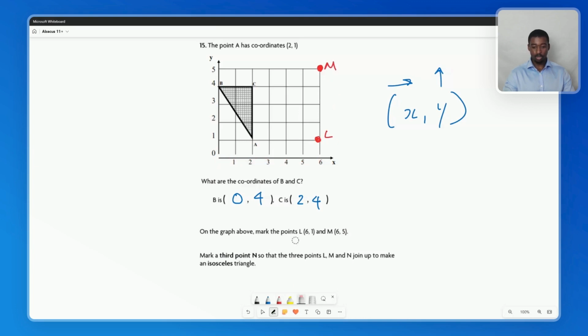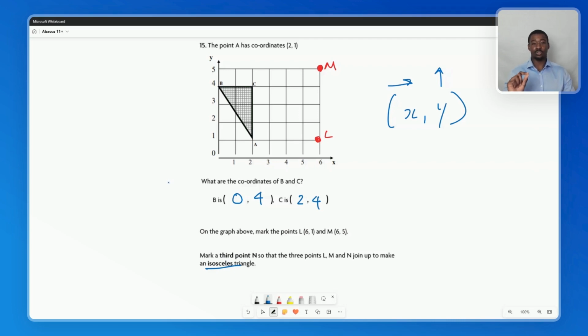Okay. Now mark a third point N so that the 3 points L, M, N join up to make an isosceles triangle. So we need to know what an isosceles triangle is. An isosceles triangle is a triangle where 2 sides are of equal length.